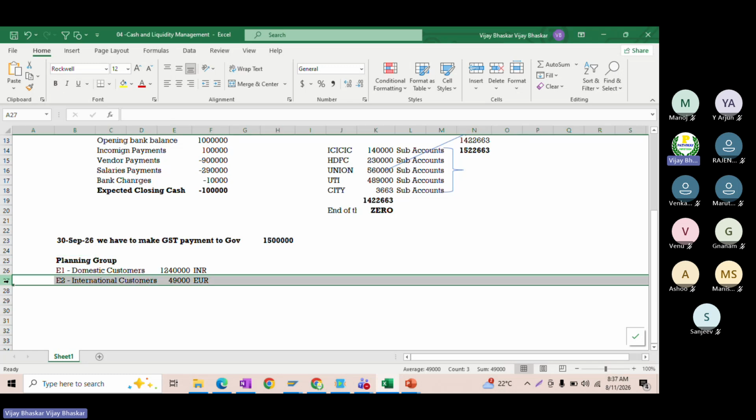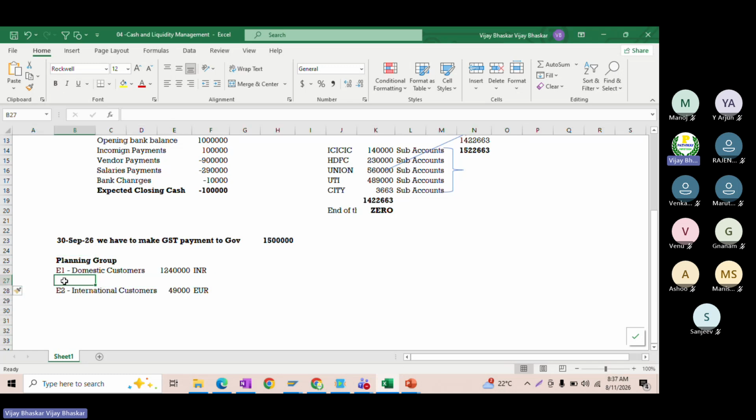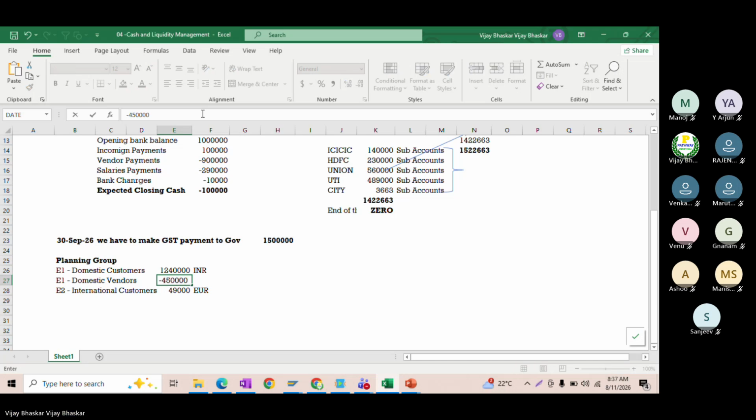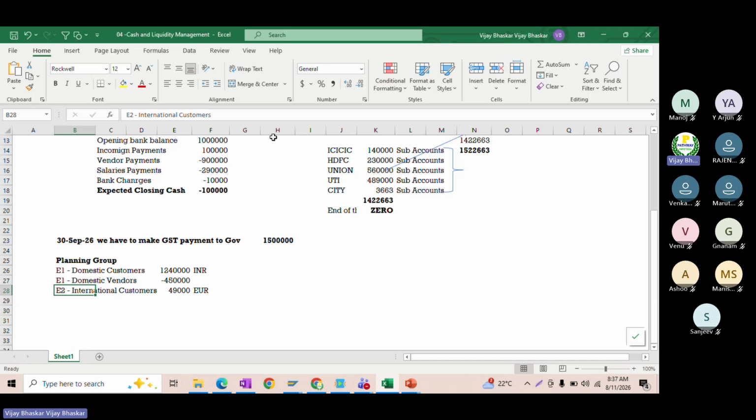So now let us assume here, E2 is also assigned to, let us assume, domestic vendors. Now you could see the planning which we were supposed to do only for domestic customers, but by default or by oversight, if we do the mapping like this, the balance will be inconsistent.